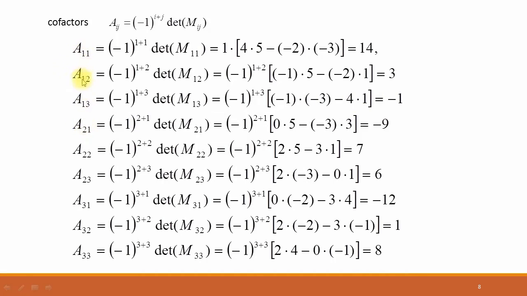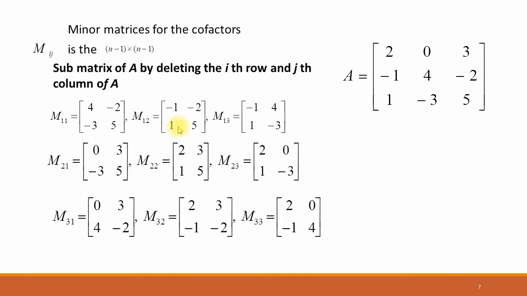These three are the cofactors along R1. Now the cofactors along R2 will be A21, A22 and A23. A21 means minus 1 to the power 2 plus 1 times the determinant of M21. So find the determinant of M21 from the previous slide. Multiply these two entries, multiply these two entries, and then subtract.